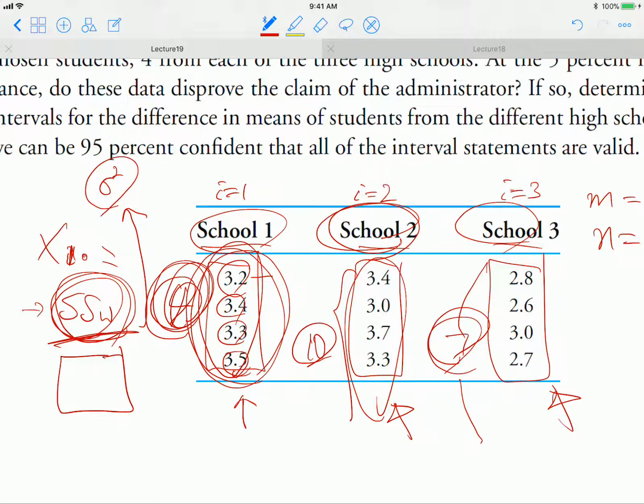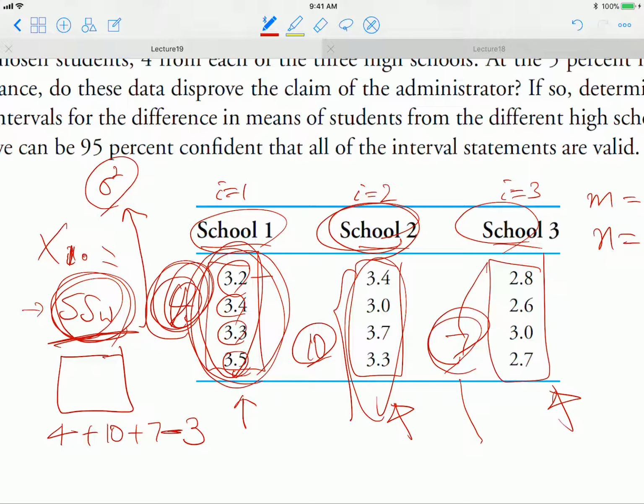Among the 4, when using the sample mean, we will have 1 less degree of freedom for the first group, and then the second group and the third group. So the total degree of freedom will be 4 plus 10 plus 7 minus 3, right? Okay, so this is how we compute the estimate of sigma squared using the first approach.